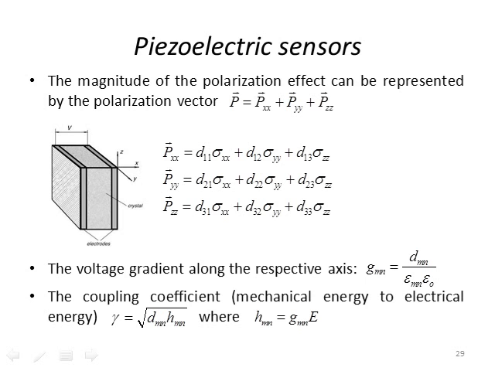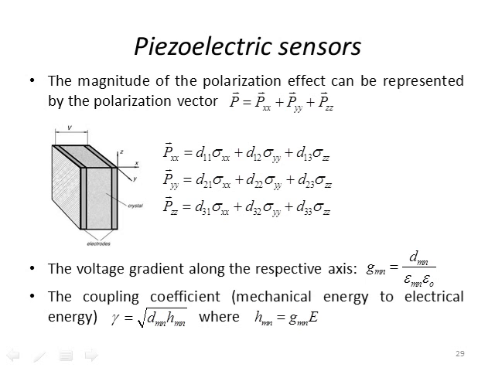Okay, so choosing a material that gives you a very simplified charge constant generation in a particular direction is quite important. The voltage gradient along any particular direction is going to be G_mn, which equals the charge constant divided by the permittivity of the material at that location.